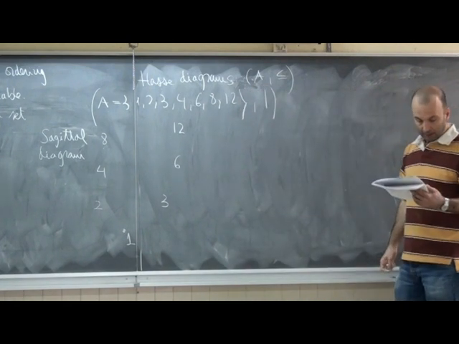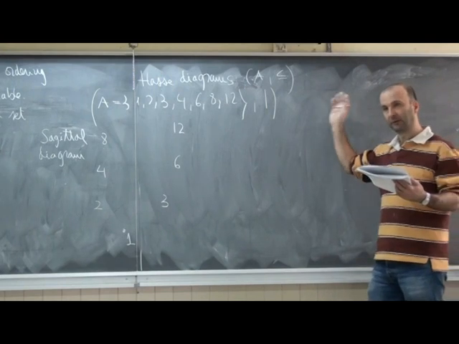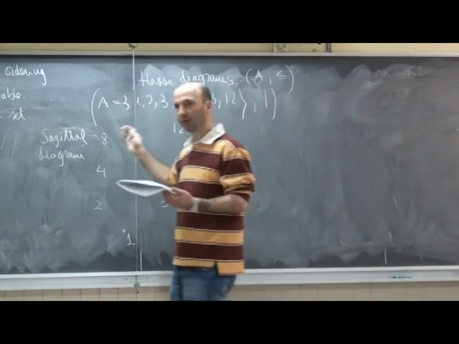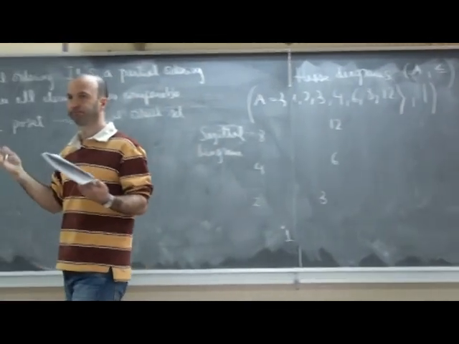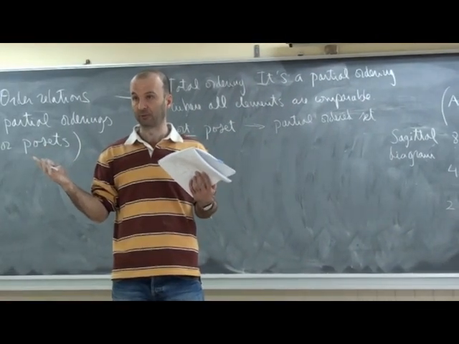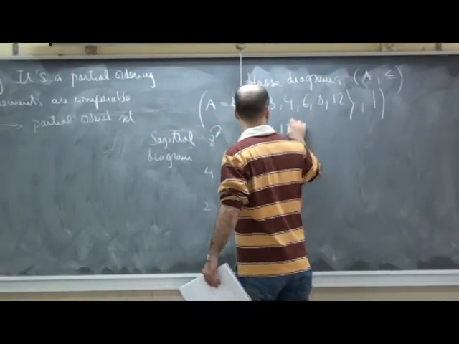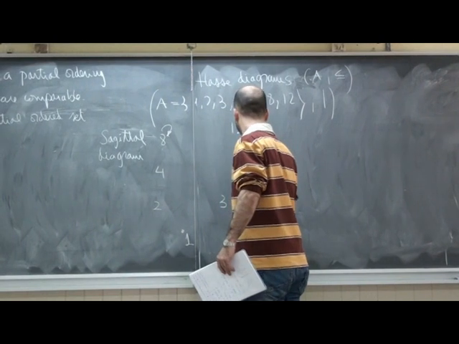Okay. So I know it is a poset, it means it is a partial ordering. So first thing would be to draw the loops, right? Loops for everybody. This is reflexive.